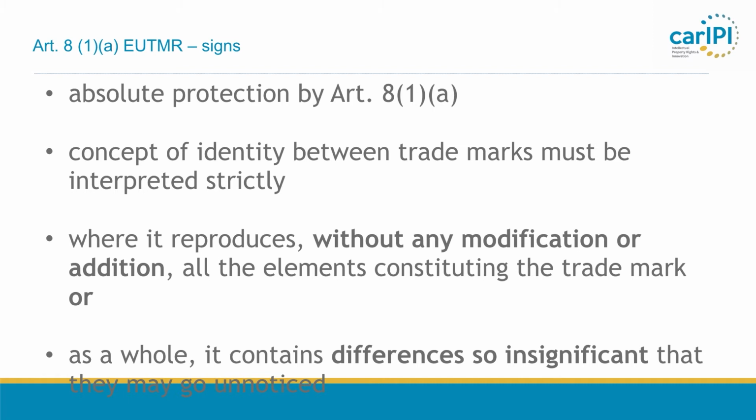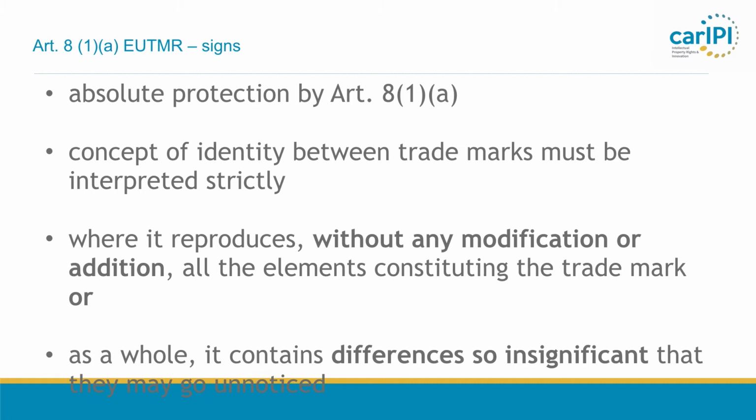So basically, insignificant differences are those that concern elements that are so small or may be lost within a complex mark that they cannot be readily detected or perceived, especially by a consumer who normally does not see the two trademarks side by side. So now let's go to see particular examples, because it's always the best way to understand.